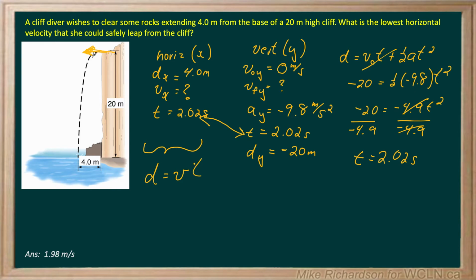My constant velocity equation, d is equal to vt. Now we know our displacement, 4.0 meters. We're trying to find out what vx is, and our time is 2.02 seconds. And when I solve all of that, I get a vx, a horizontal velocity component, of 1.98 meters per second.